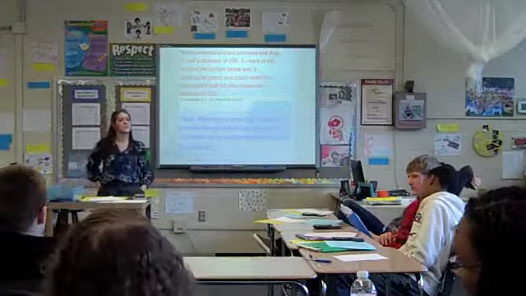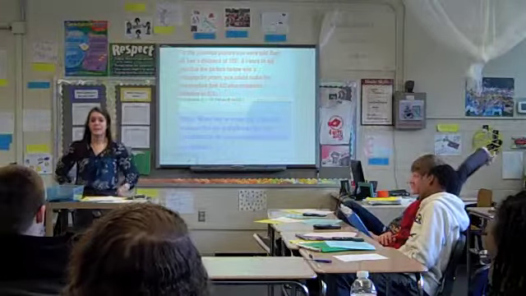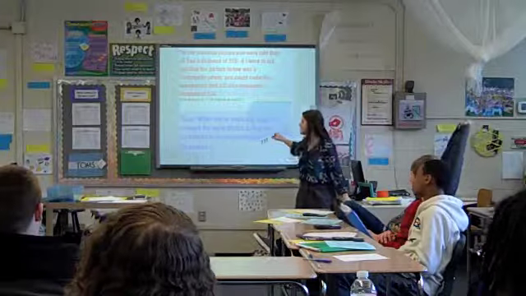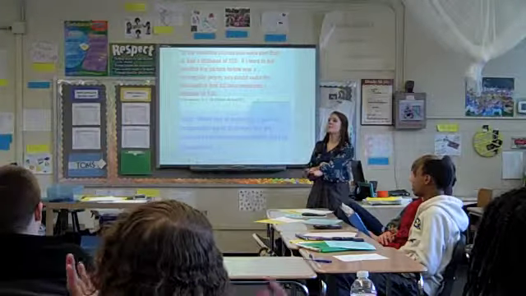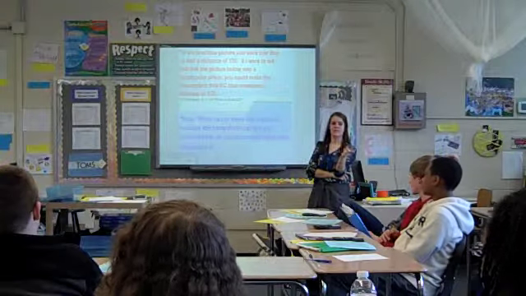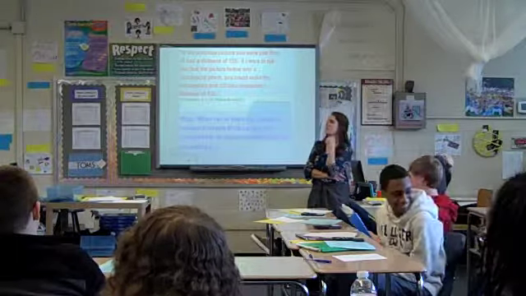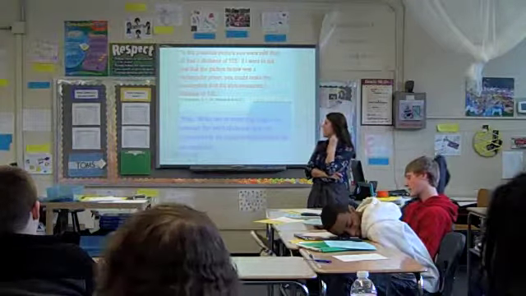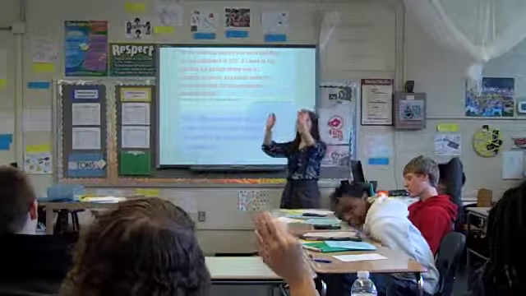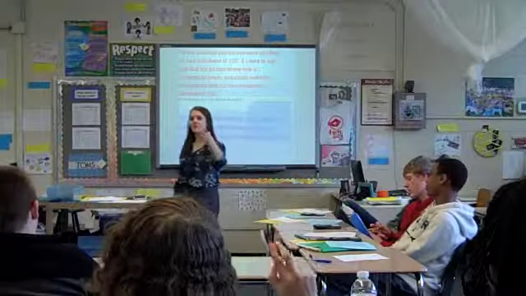Alright, next. That diagram, that picture that was up there, is a prism. What do we know about prisms? They're three-dimensional. What about the line segments? What about the size of prisms?